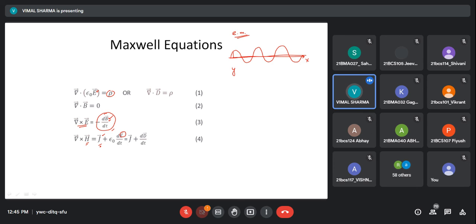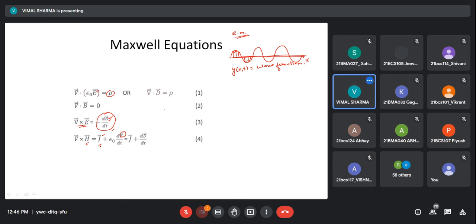Y is the displacement of these rope particles or rope molecules. So this is a function of x and t. It varies with time. So this is the wave function for this wave.